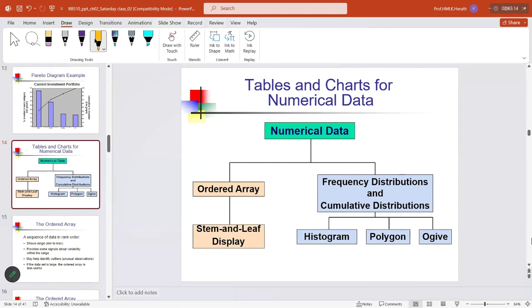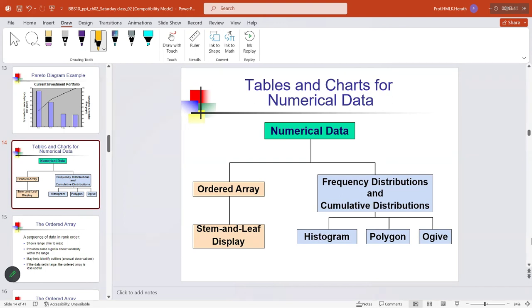Okay, let's try to understand what tables and charts we use with numerical data. In this context, we mainly talk about the frequency distribution and the cumulative distribution of data, which is depicted using histograms, polygons, and ogives.